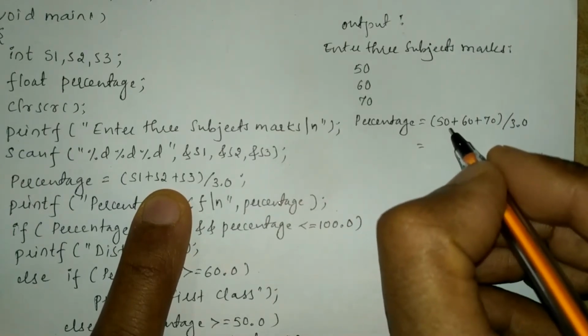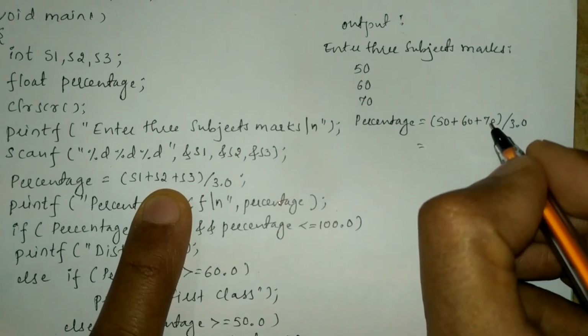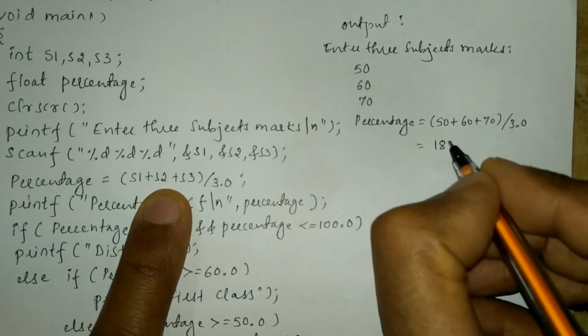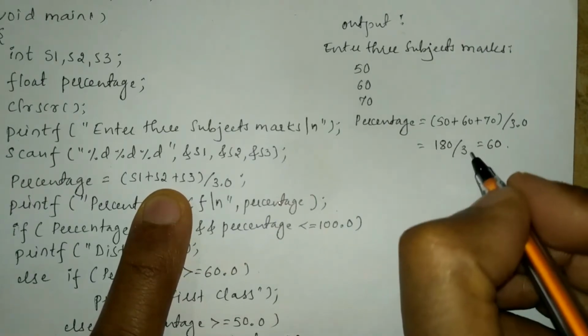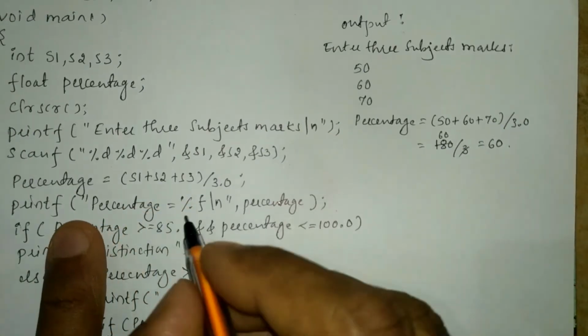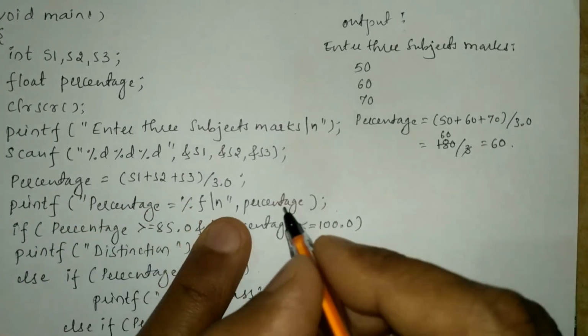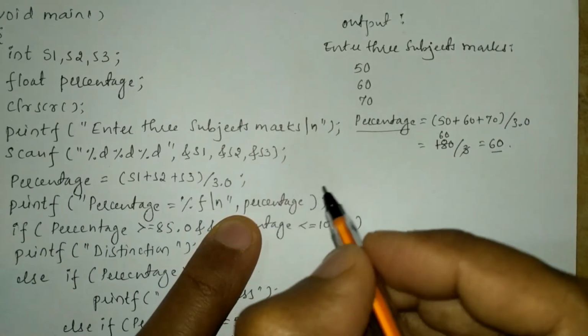So 50 plus 60 is 110, 110 plus 70 is 180, divided by 3. This gives me exactly 60. Three sixes are 18, three ones are 3. Now we are going to print the value stored in percentage. So this 60 will be stored in the variable called percentage.